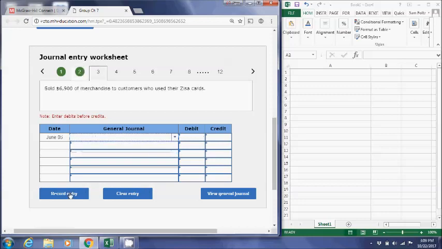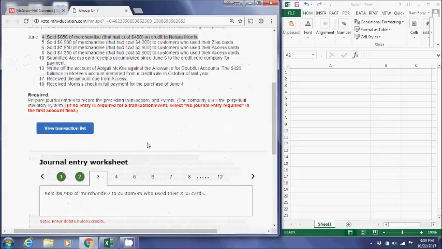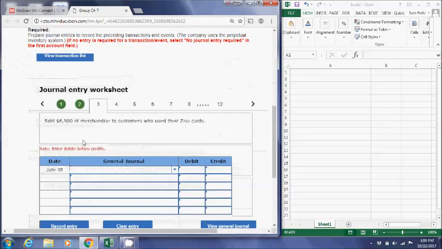Sold $6,900 of merchandise to customers who use their Visa cards. Remember, at the top, it says that Visa is going to put the money in our account immediately minus a 3% service charge. And we sold $6,900 worth of merchandise. So I'm just going to go ahead and calculate that here. Merchandise sales was $6,900.